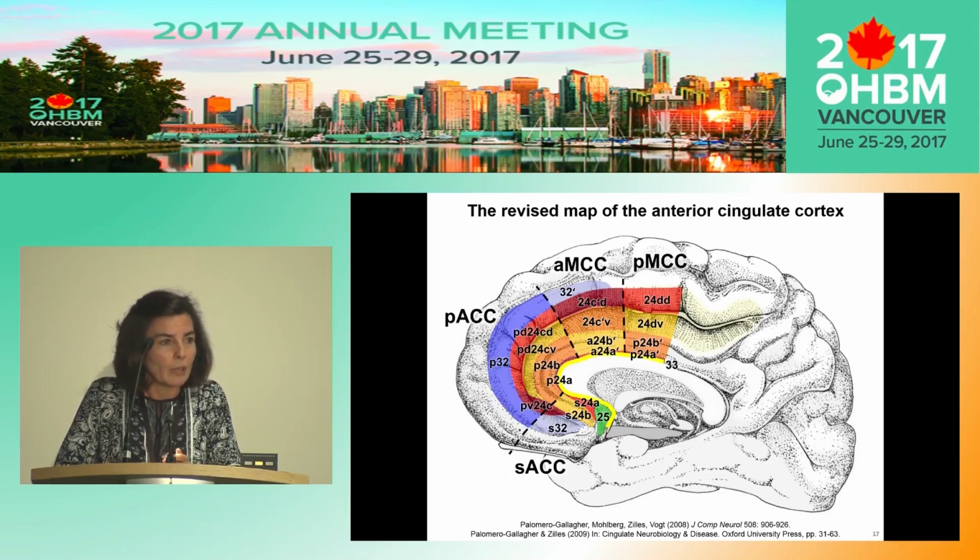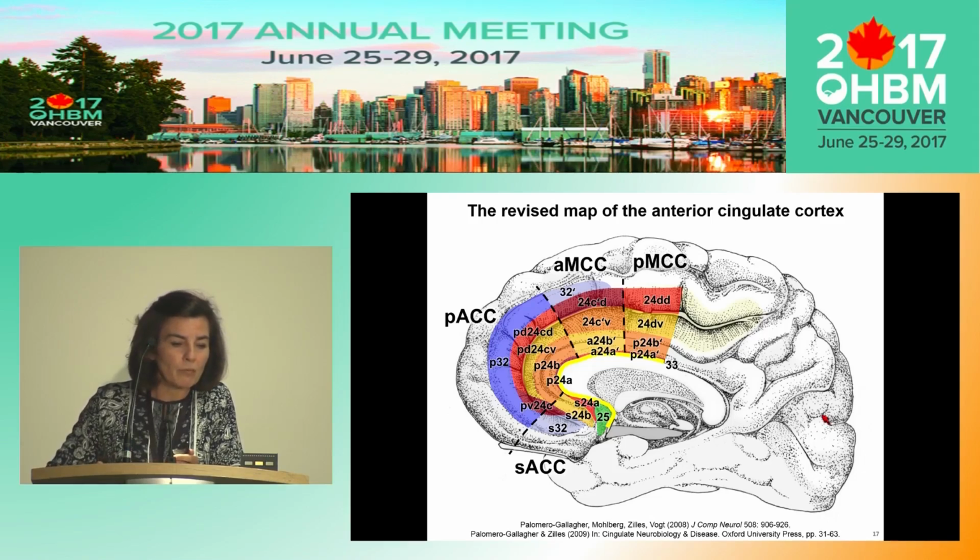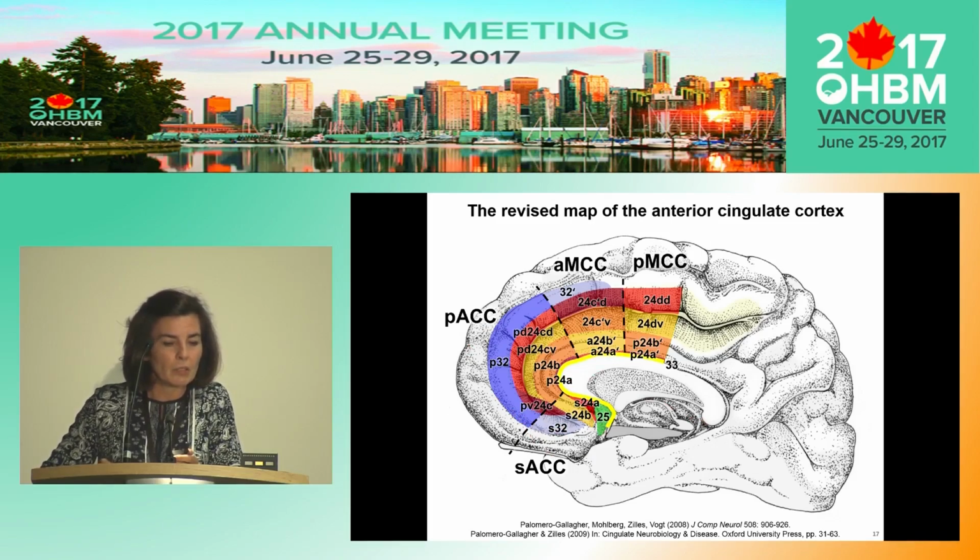So we've got a new map of the anterior cingulate cortex with these 21 areas, and we can also identify a total of 3 regions: the subgenual anterior cingulate cortex, pregenual anterior cingulate cortex, and then anterior and posterior subdivisions of mid-cingulate cortex.